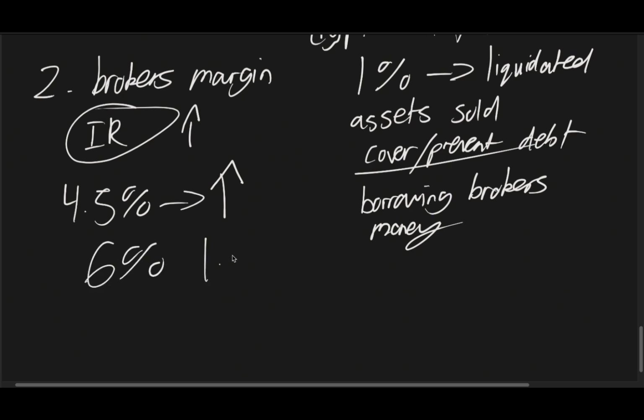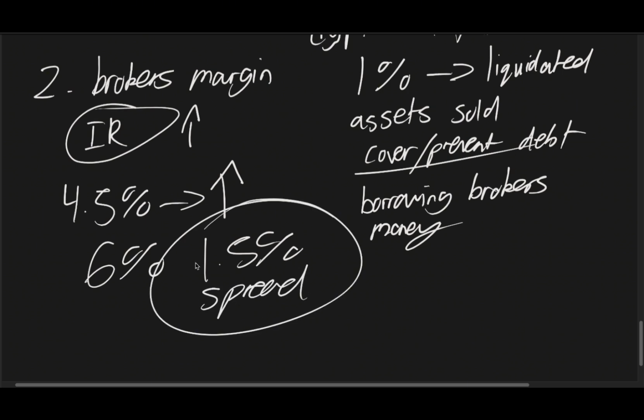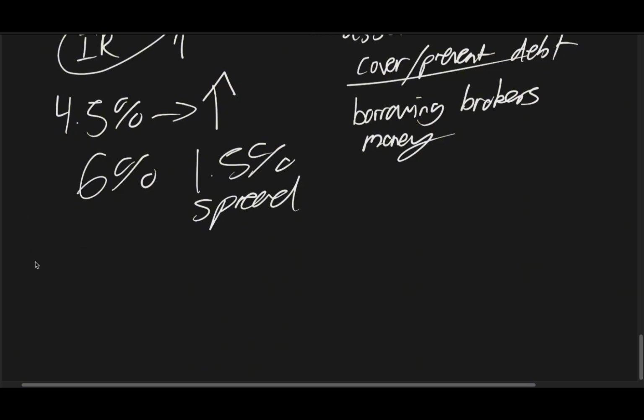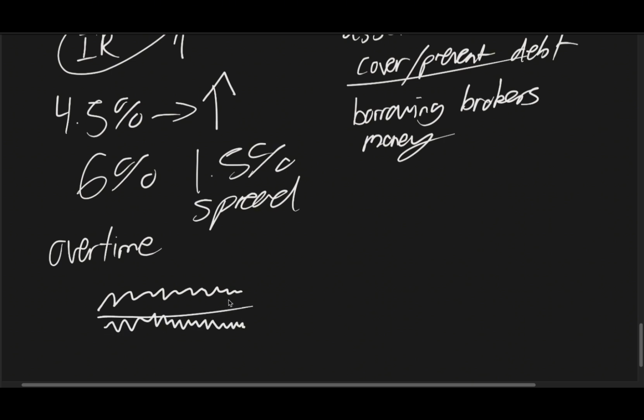They make the 1.5% spread. This is why it is risky, because over time your asset could be stable. It could not move. But since you are borrowing money and you have to pay the broker the interest, your actual returns might look something like this. It might be decaying.